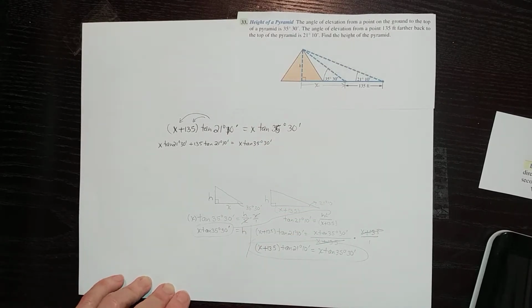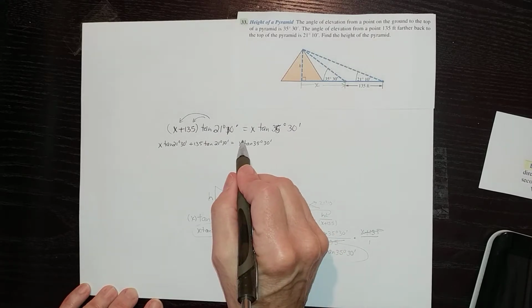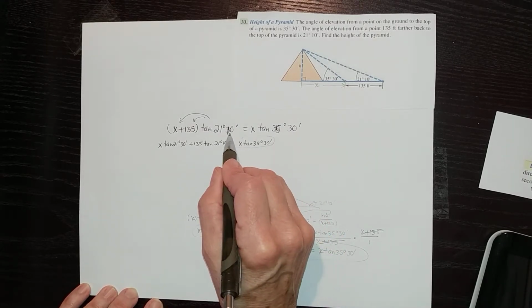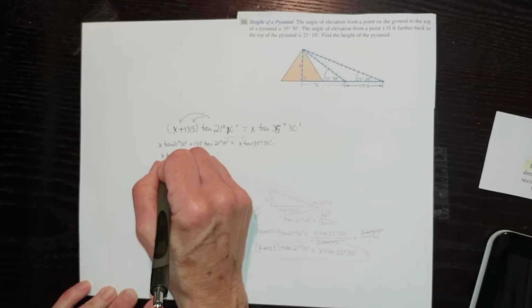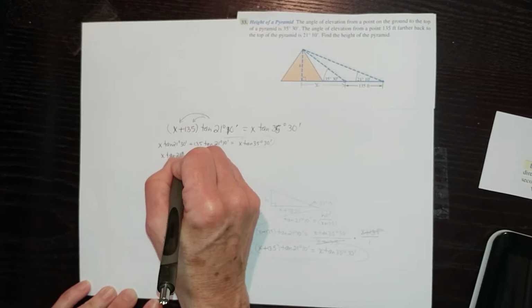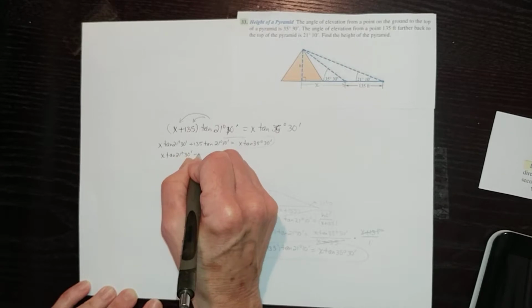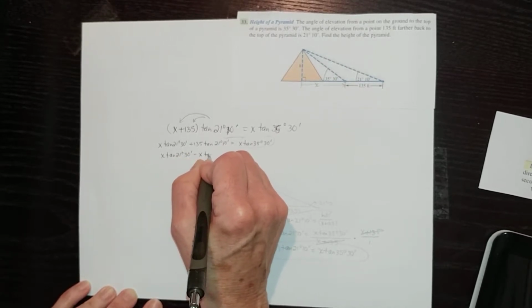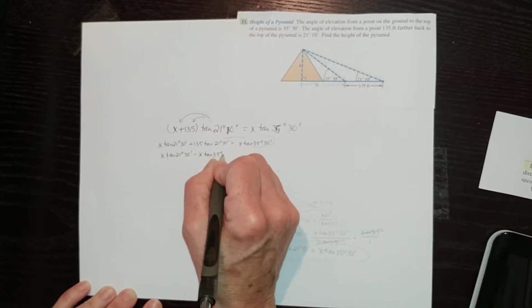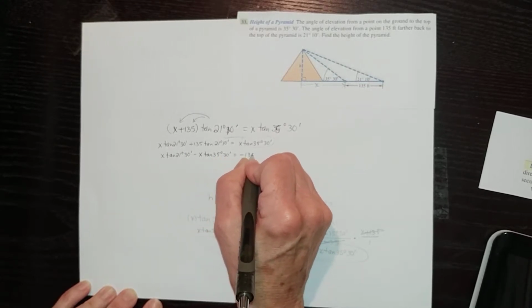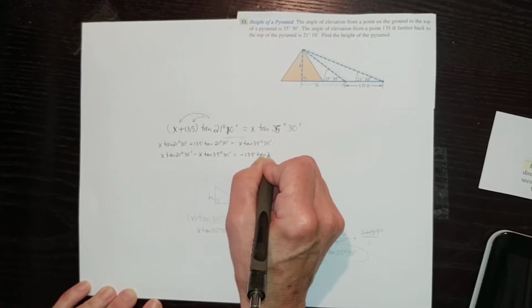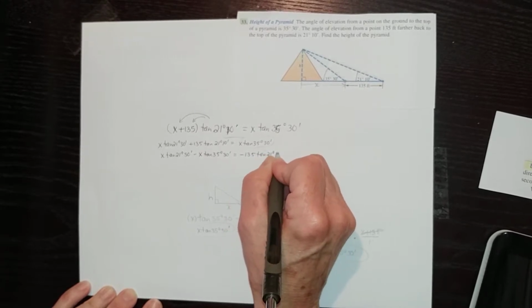I'm trying to solve for x, so I would like to get my x's on the same side of the equation. I'm going to subtract this term and move it to the left-hand side. So that looks like x tangent 21 degrees 10 minutes minus x tangent 35 degrees 30 minutes is equal to negative 135 tangent 21 degrees 10 minutes.